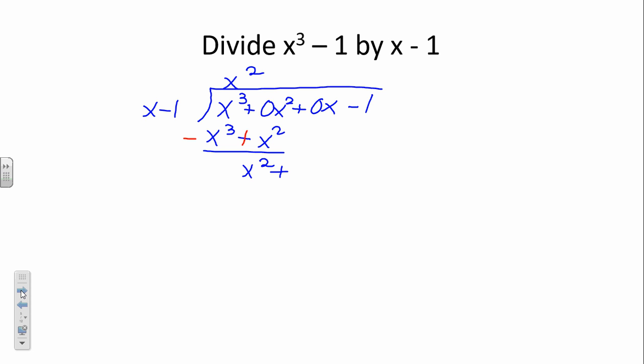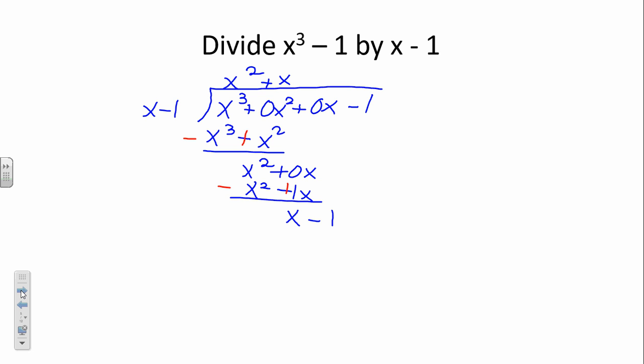And I have no x's with it, but if I want to bring that down to help me keep things lined up, that's great. Now what do I have to multiply x by to get x squared? X. And that'll be a negative 1x. Change my signs. So I can subtract, and we get an x.